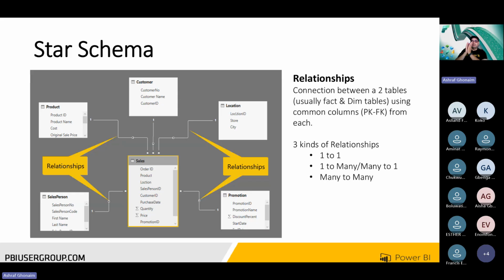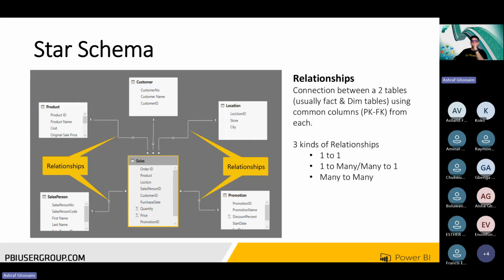So always get alerted when you have a logical one-to-one relationship. Is there any value in keeping them separate into two tables, or should we merge them together into one logical table that has a longer record for the same record with all the columns from table A and table B? I see some questions now coming to the chat.